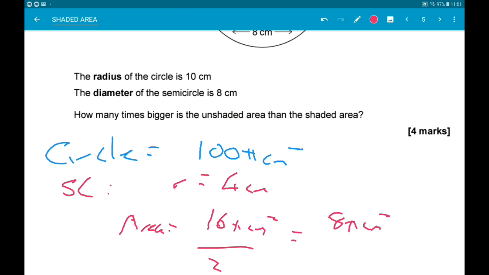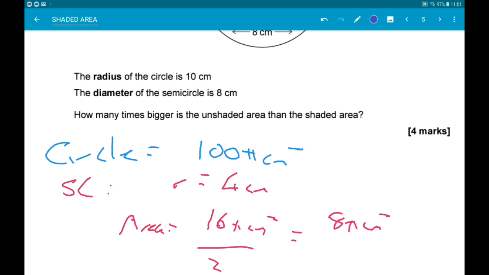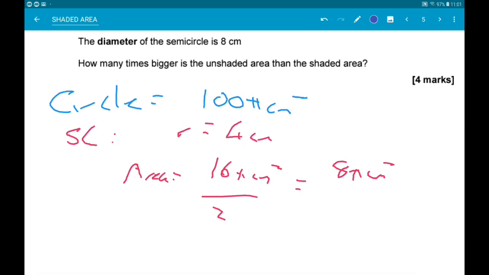Okay, so now we can work out the area of the unshaded region. So the unshaded is 100 pi minus 8 pi, which gives us 92 pi centimeters squared.